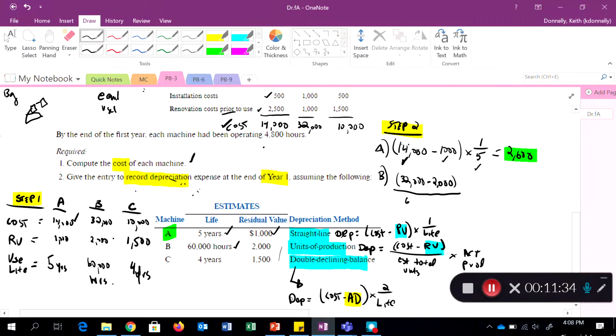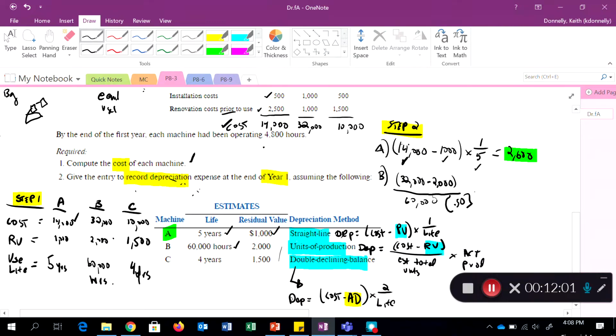So that's going to be our total estimate of what we get out of this thing, 60,000. What that essentially equals is 32 minus 2, so it's 30 over 60. That really just means 50 cents an hour this thing costs us to run. So that isn't part of the equation, but if you were to solve for this and look at multiple years, you could just use 50 cents each year.